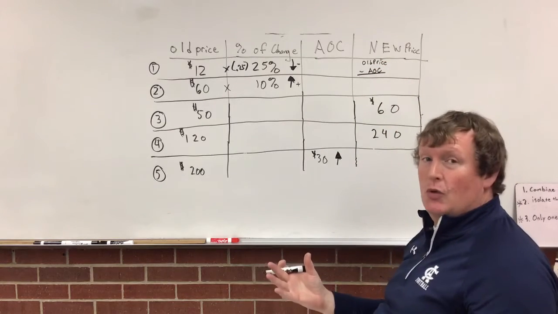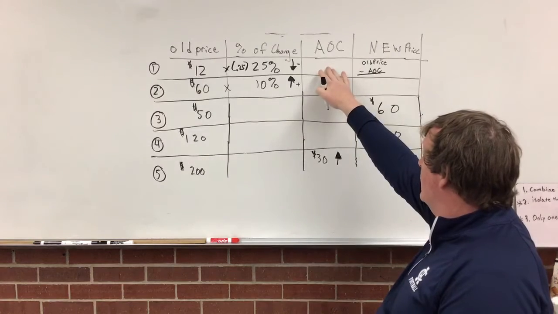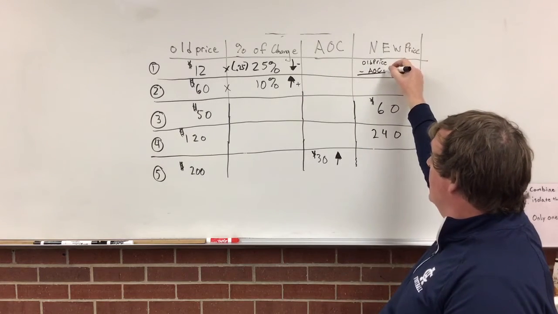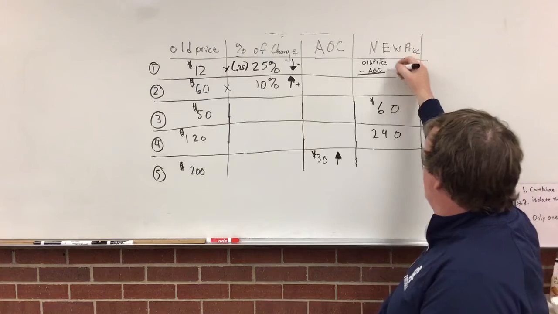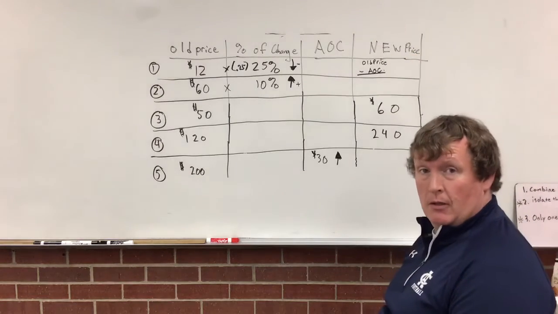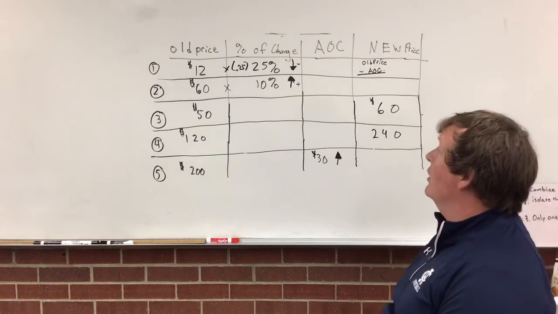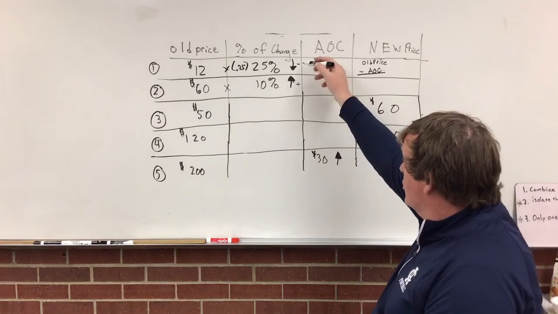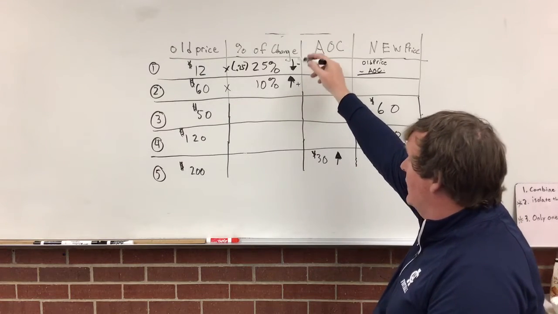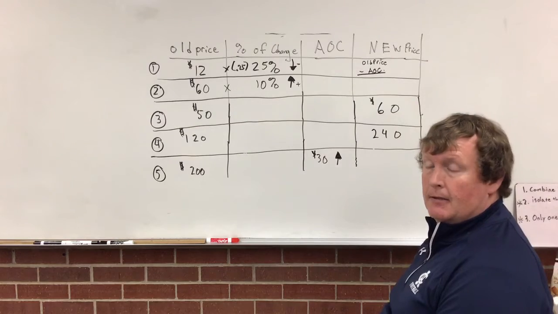Now, I'm not going to do that part for you. You're going to have to find the amount of change and then put that number in there, and then take the old price number and subtract it to get your answer. Okay? So you do that on your own. And the reason we subtract is we are discounting. We're making it cheaper. Okay?